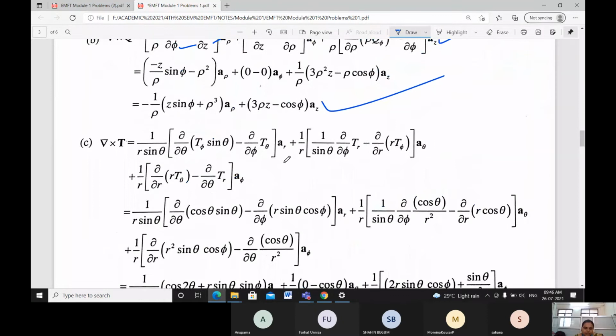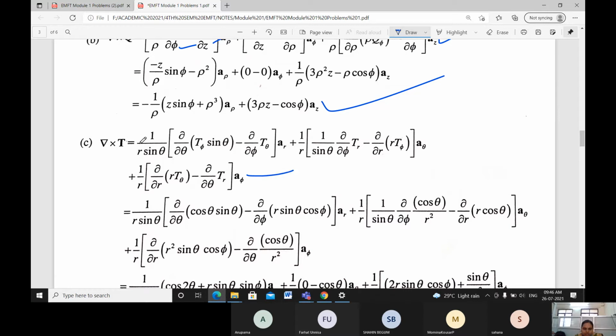In the same way, for the spherical coordinate system, the equation is somewhat lengthy. Del cross t is going to be 1 by r sin theta dou by dou theta of t pi sin theta minus dou by dou pi of t theta into a r, plus 1 by r, 1 by sin theta dou by dou pi of t r minus dou by dou r of r t pi into a theta, plus 1 by r dou by dou r of r t theta minus dou by dou theta of t r into a pi.